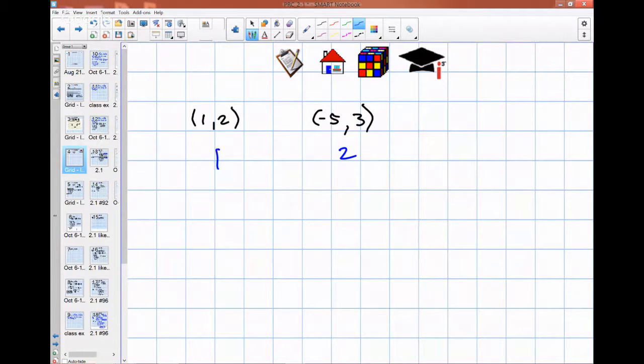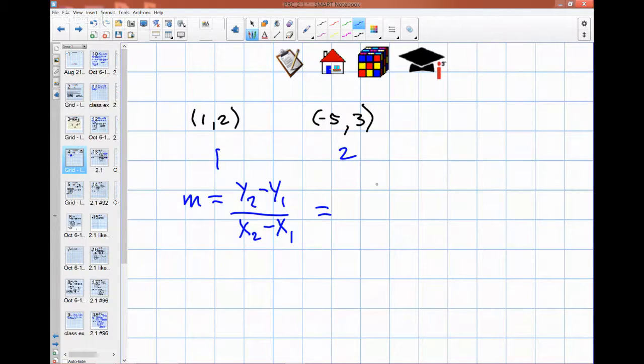I'm going to just do it this way. You could do it the other way. It doesn't really matter. I'll maybe demonstrate it. So to find the slope, we want the y from point 2 minus the y from point 1, divided by the x from point 2 minus the x from point 1.